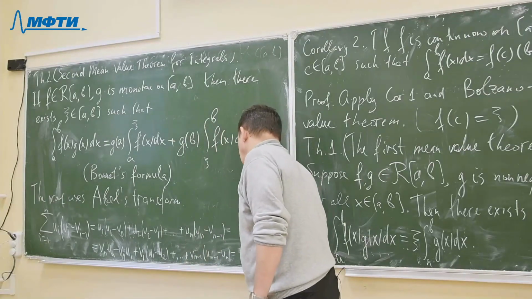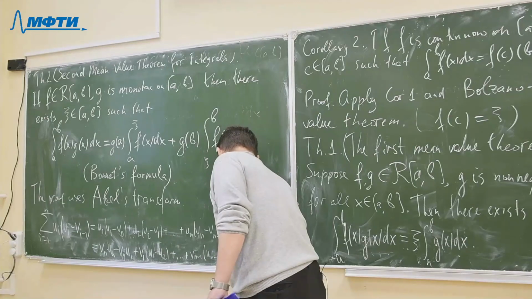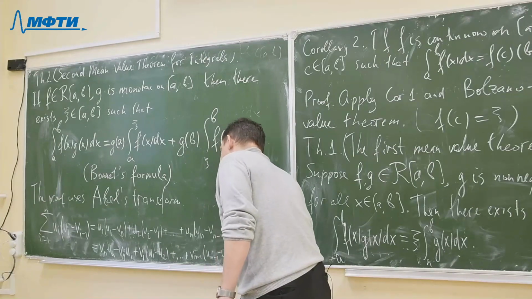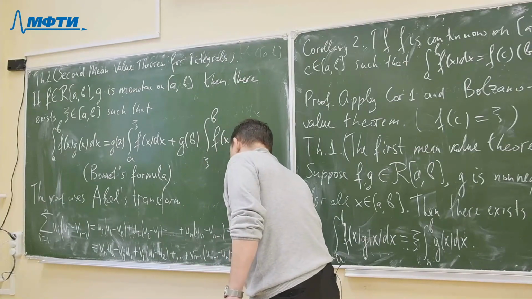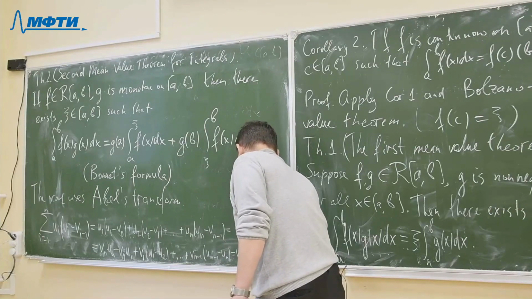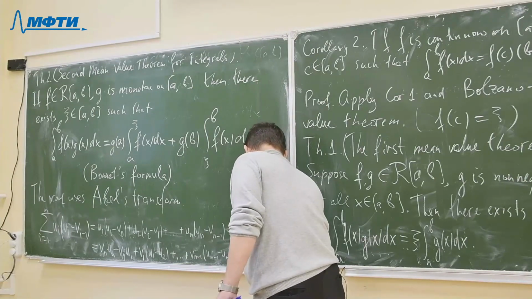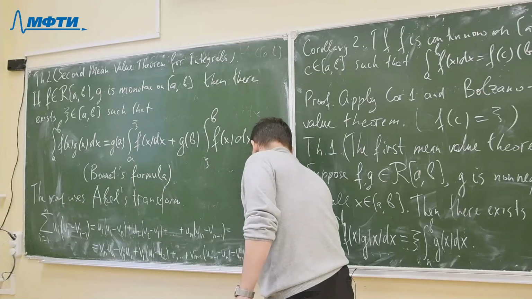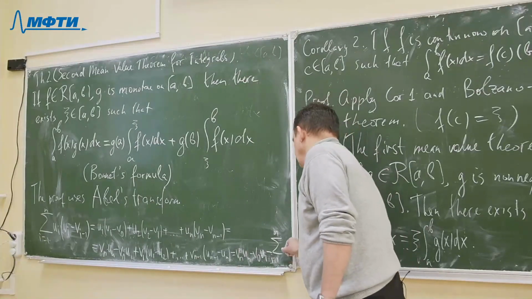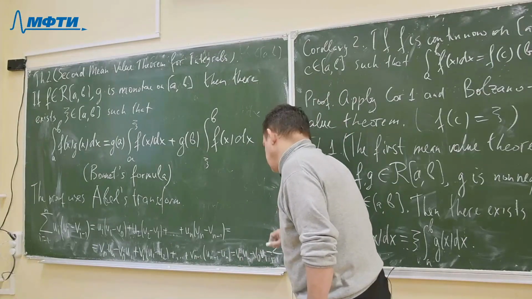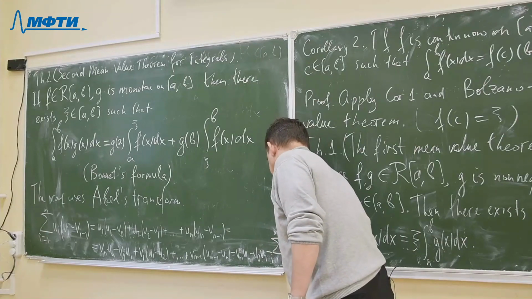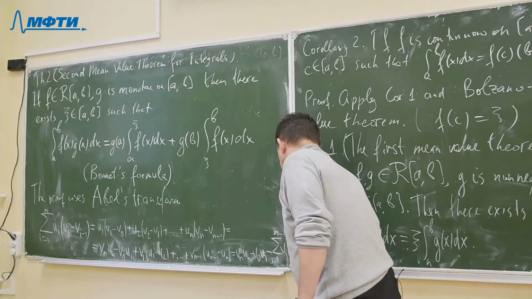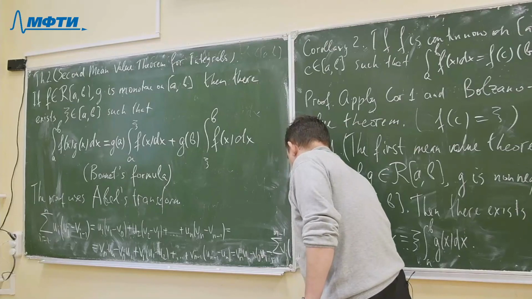So we obtain u_n v_n minus u_1 v_0 minus the sum over j from 1 up to n minus 1 of v_j times (u_{j+1} minus u_j).